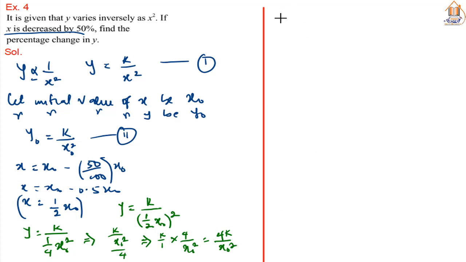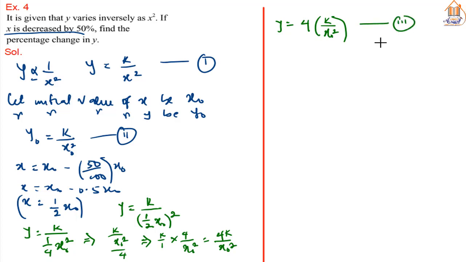Now we can write it as our y is equal to 4 open brackets k all over x naught square close bracket. Now let's call this our equation 3.